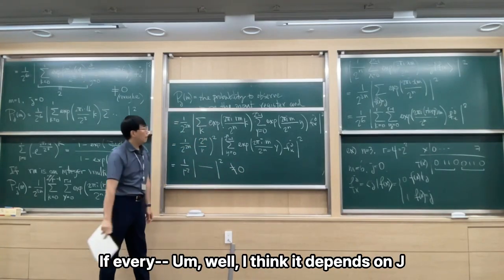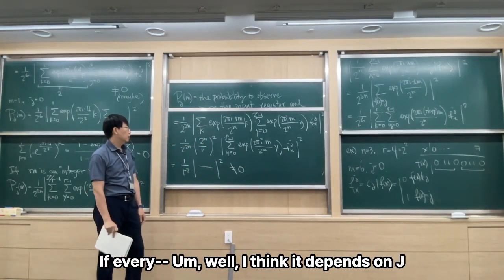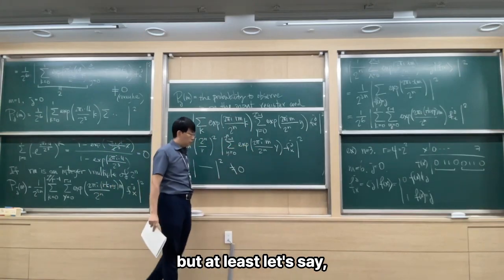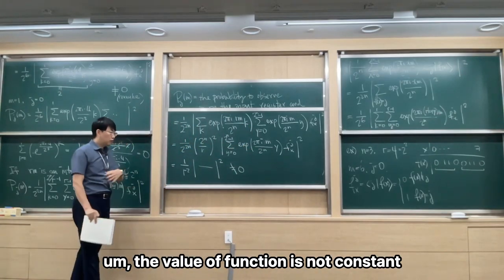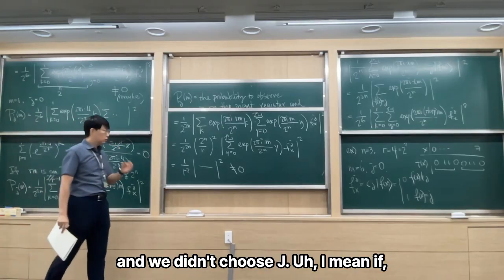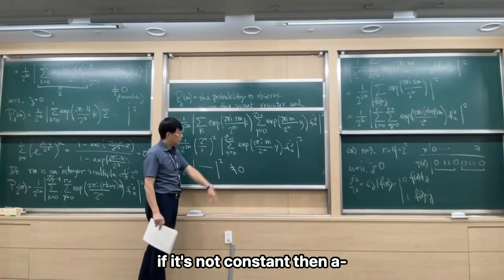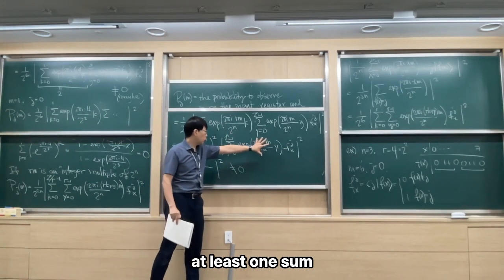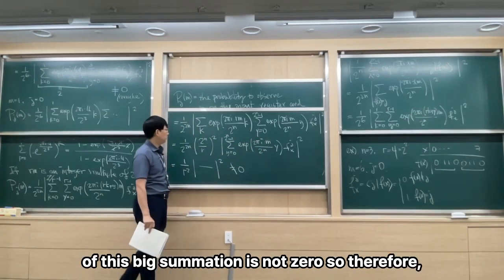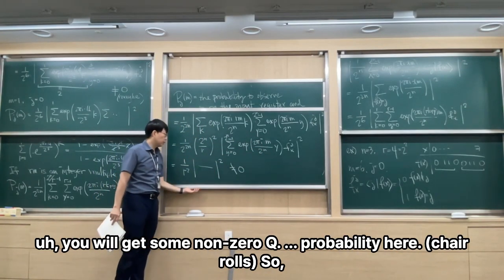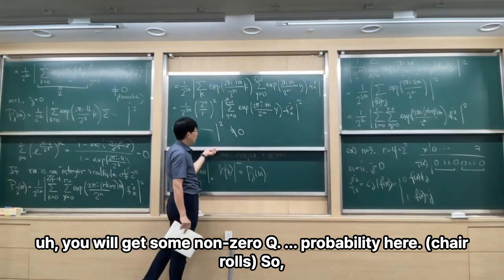I think it depends on j, but let's say the value of the function is not constant, and we didn't choose j. If it's not constant, then at least one sum of this big summation is not 0. So therefore, you will get some non-zero probability here.